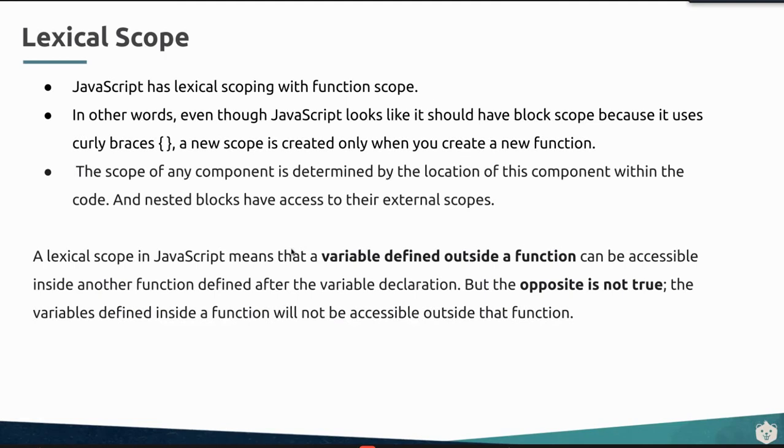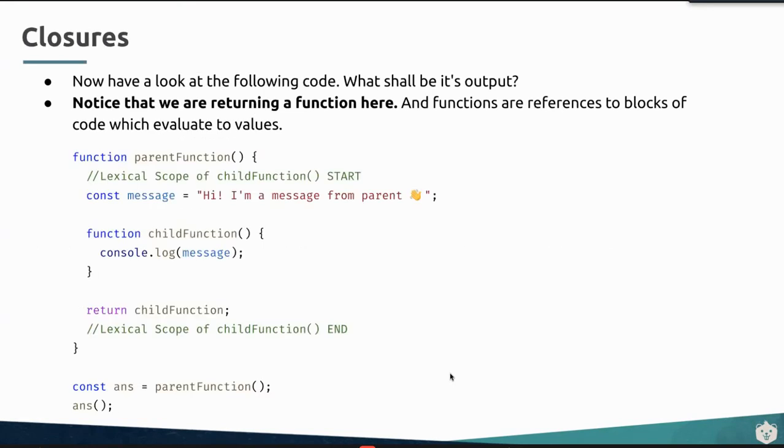That's it. No need to worry about that, it's not that tough either. Now let me tell you closures, and then we'll go back to whatever examples I have explained to you, and then we'll be discussing all those questions.